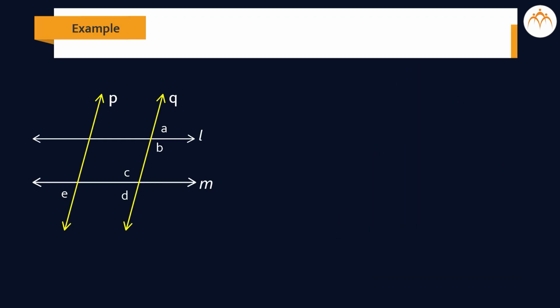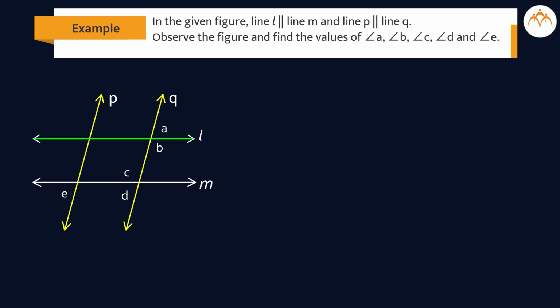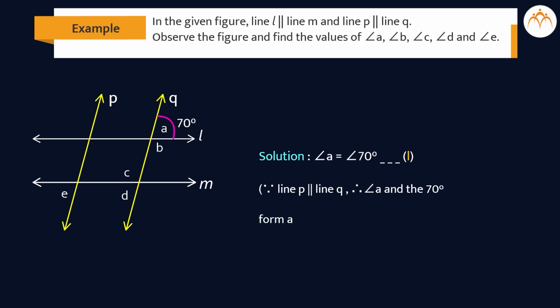Observe this figure. In the given figure, line L is parallel to line M and line P is parallel to line Q. Observe this figure and find the values of angle A, angle B, angle C, angle D and angle E. Solution: angle A measures 70 degree, equation 1, because line P is parallel to line Q. Therefore, angle A and the angle of measure 70 degree form a pair of corresponding angles.